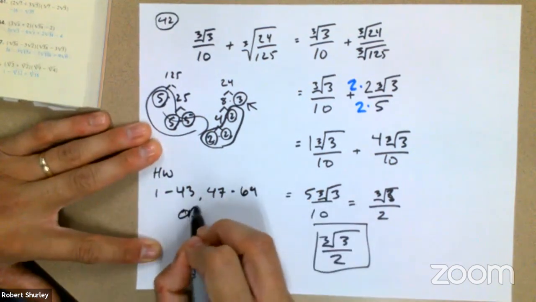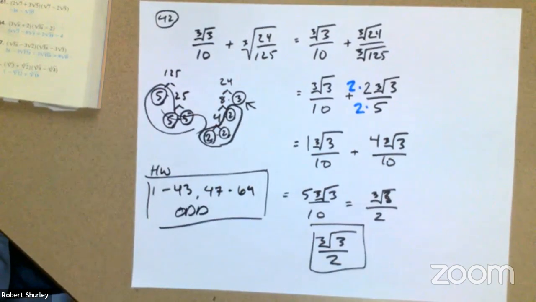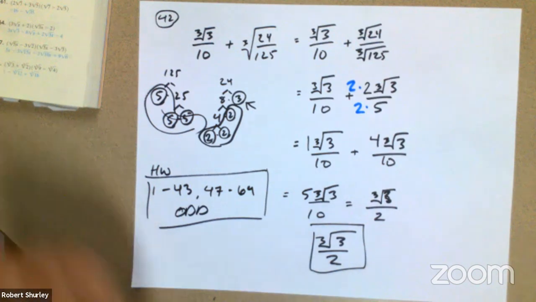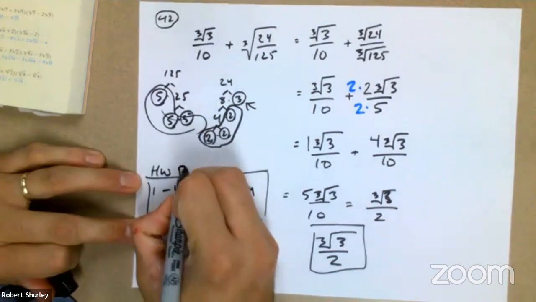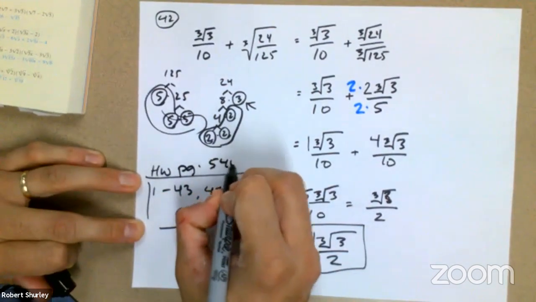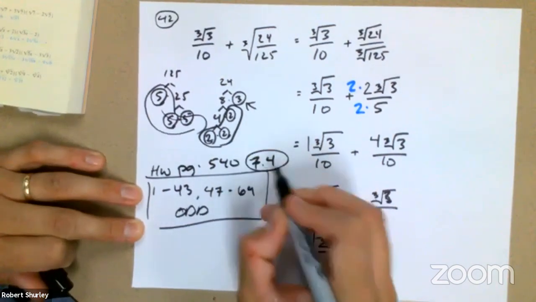So these are all odd. Don't worry about doing the evens. If you want extra practice, you can do evens on these, but I have a really good feeling if you can do that many, you'll be set. You'll be fine. Okay. So 1 through 43, it's on page 540, section 7.4.